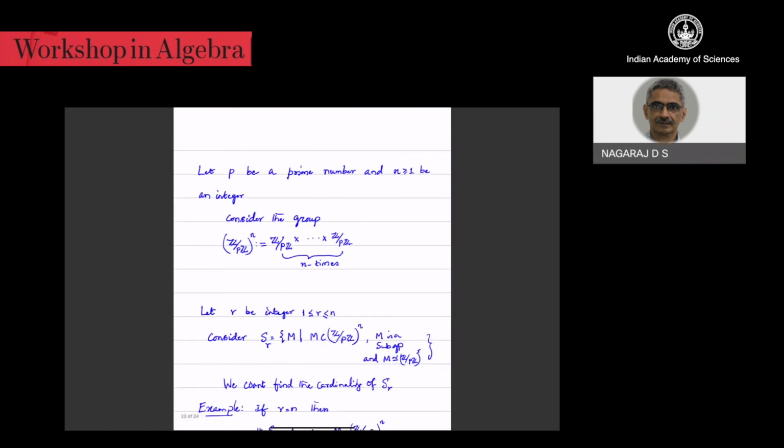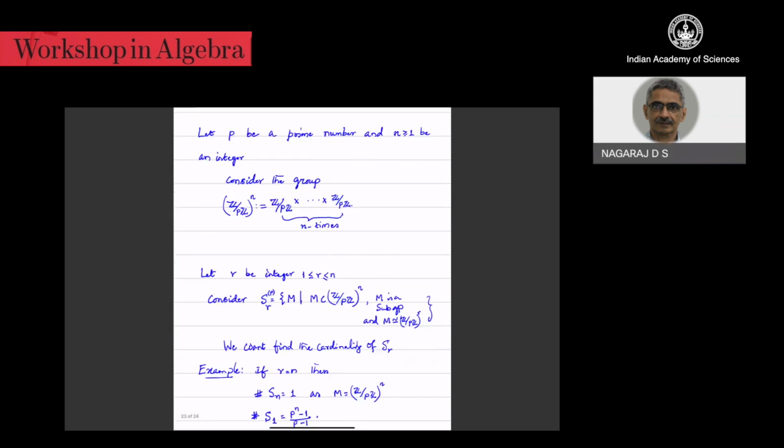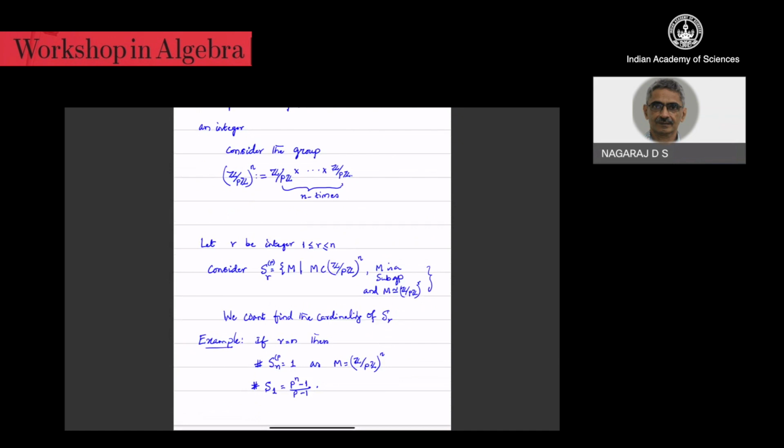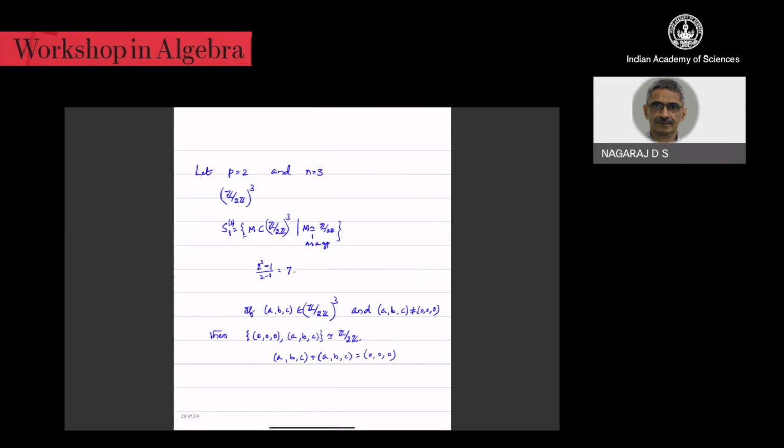So also I should write here P, it depends on P, what P I am doing. Yeah, so in this case it's very easy, by hand you can compute.